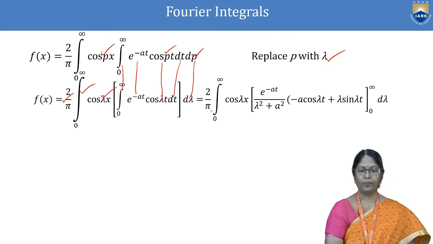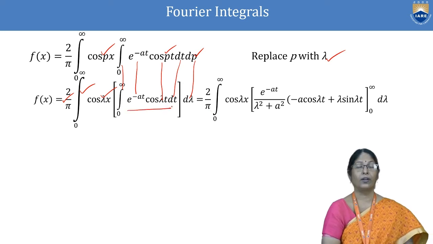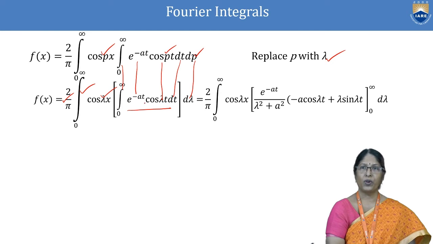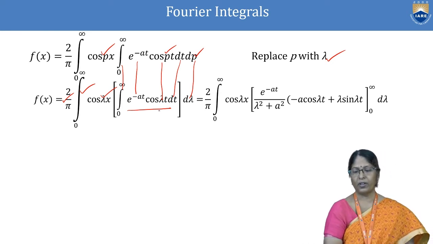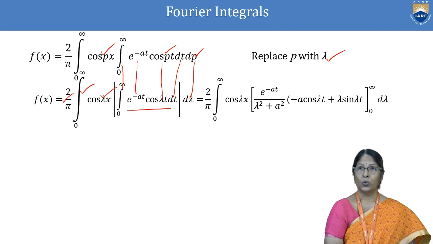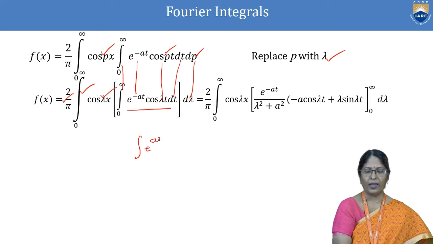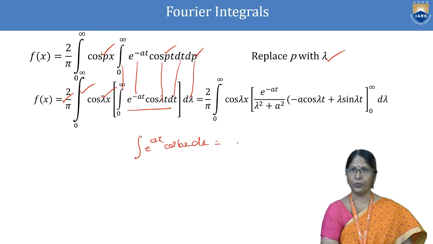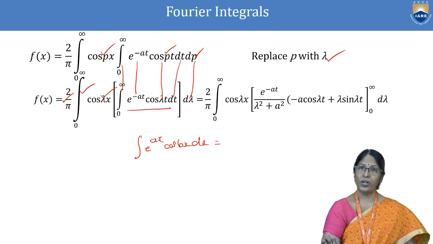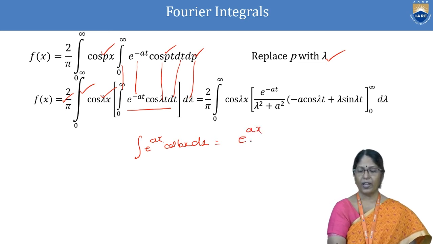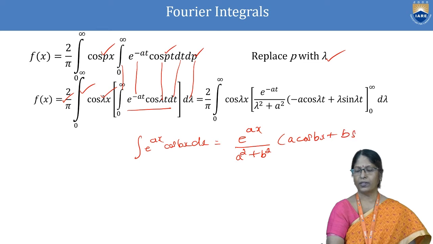So 2 by pi, here the exponential is there and the trigonometric term cos is there. So for the integral of e power ax cos bx dx, that formula we have to use. Exponential combined with the trigonometry, the formula is e power ax by a square plus b square, a cos bx plus b sin bx.